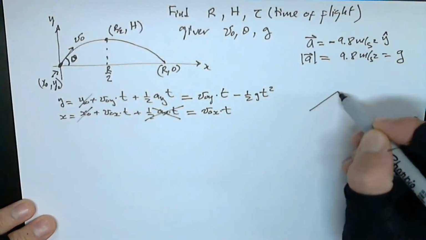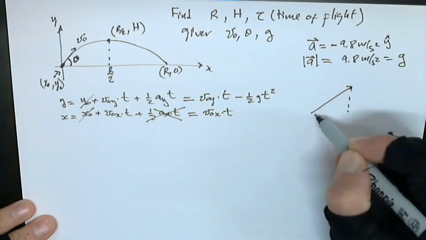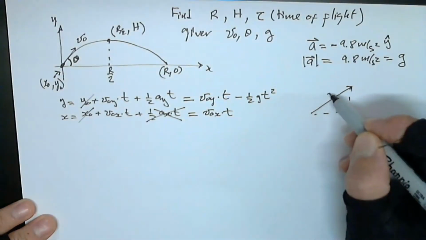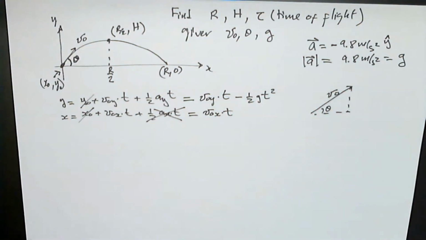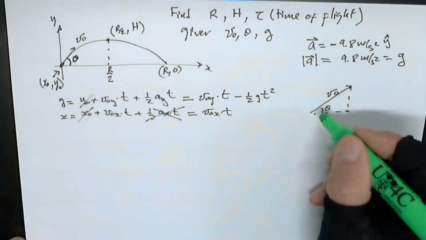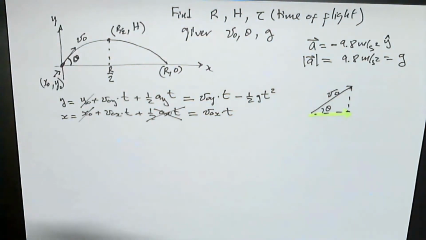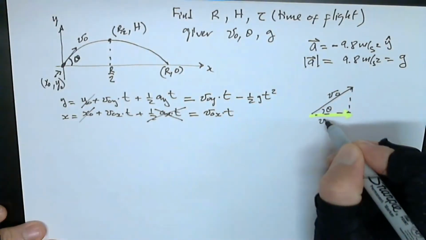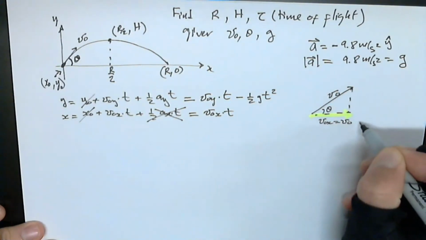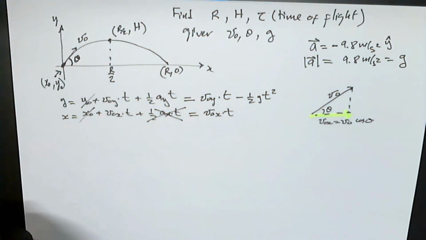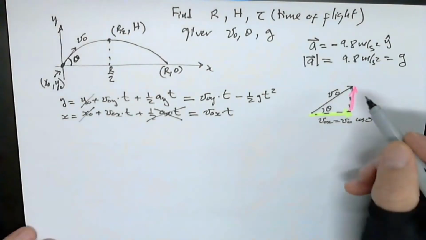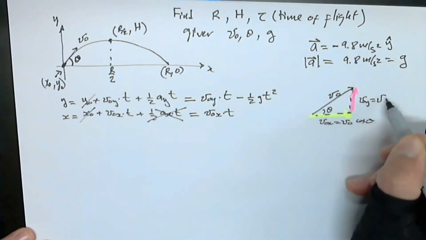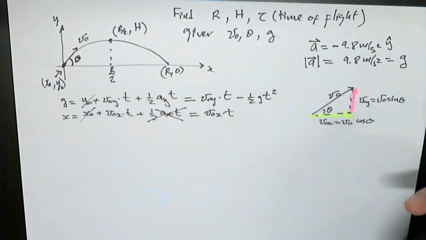Now we use trigonometry to find the components of the vector. This is the hypotenuse, v0, and this is the angle. So the x component is v0 cosine of the angle, and the y component is v0 sine of the angle.